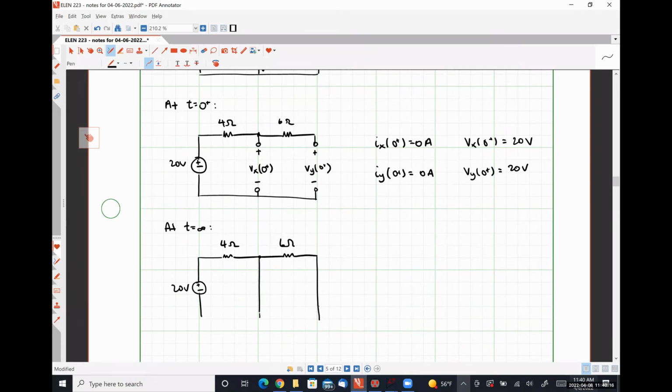And both of our inductors are short circuits. Here is Ix of infinity. Here is Iy of infinity. Here's Vx of infinity. Here's Vy of infinity.